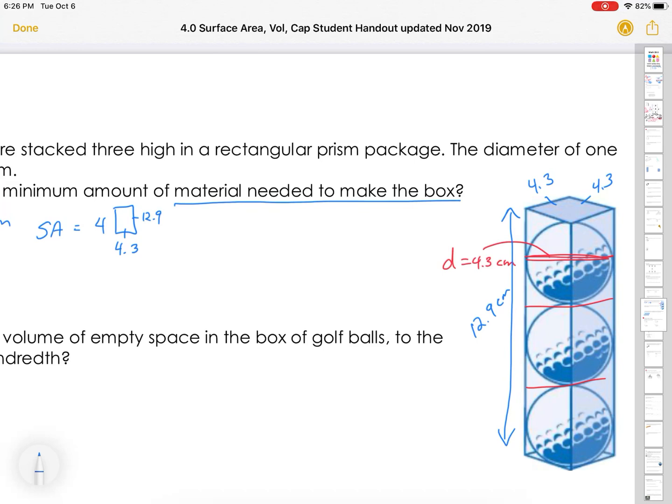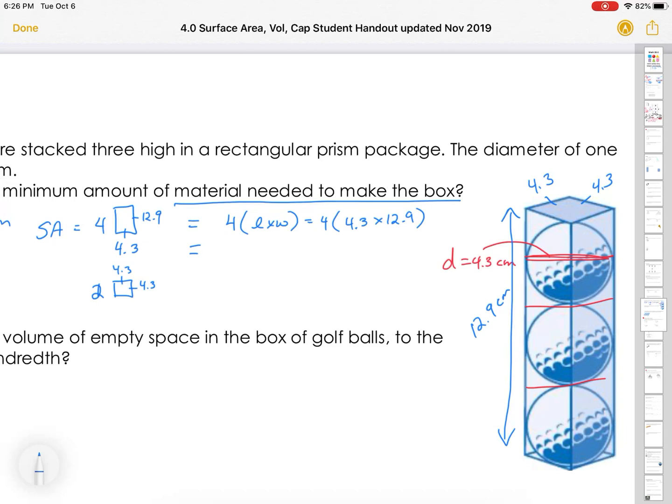Okay, and I have 2 smaller sides that are 4.3 by 4.3. Okay, so for the 4 here, it's 4 times length times width. So 4 times 4.3 times 12.9.